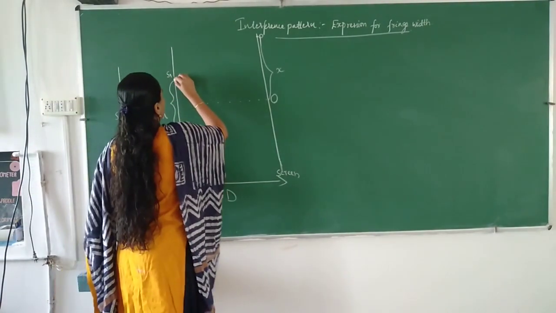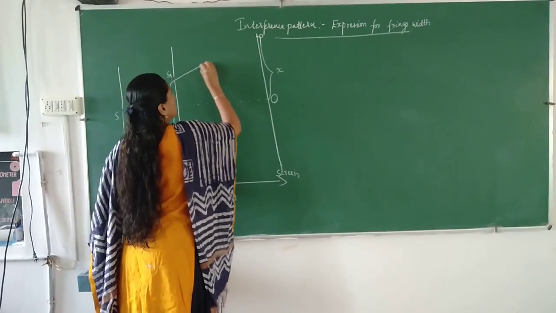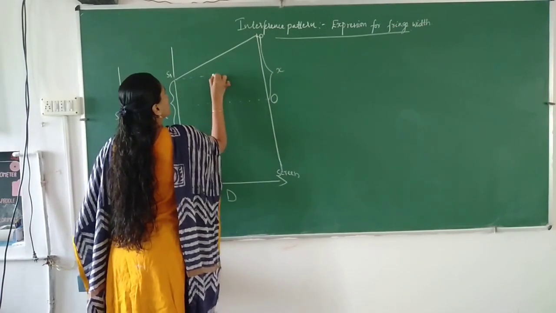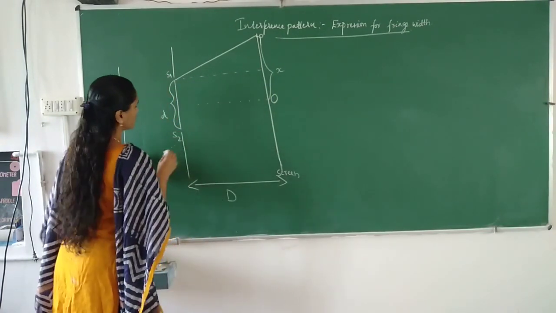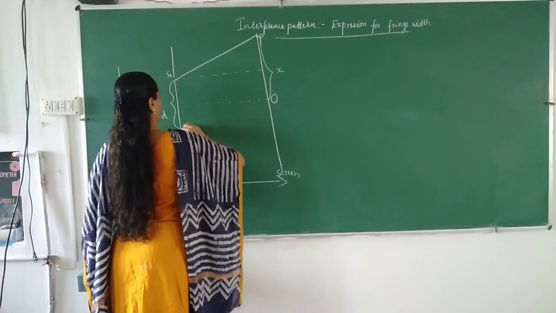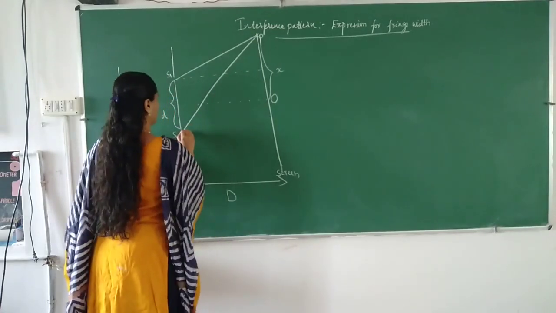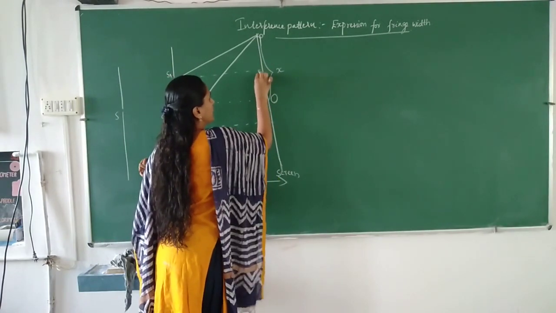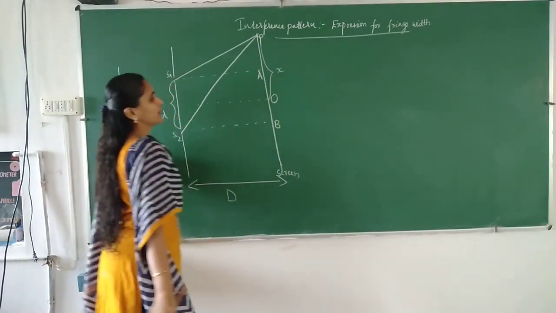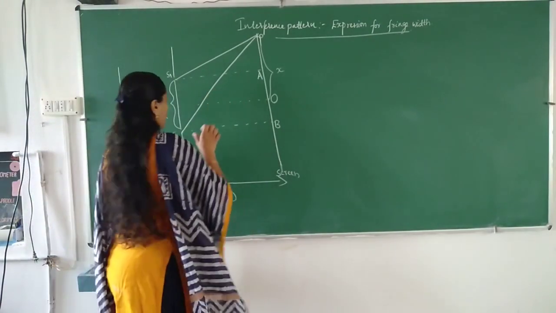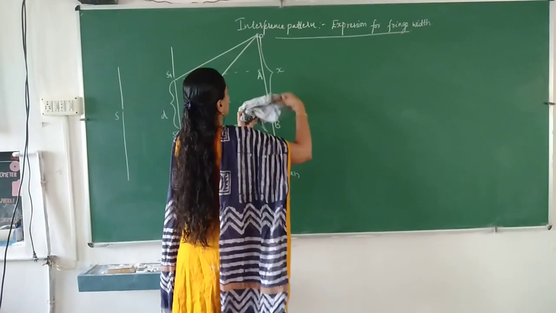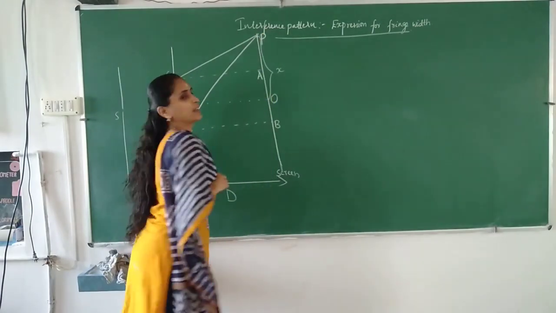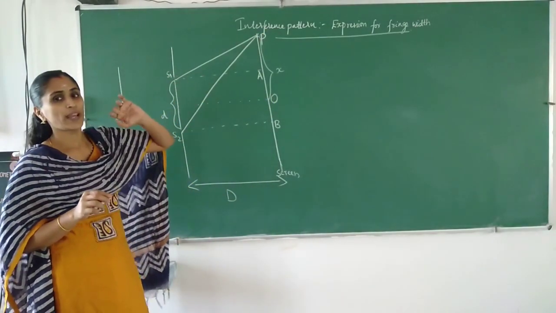For that we look at the path difference. We can mark these points as A and B. This is P.